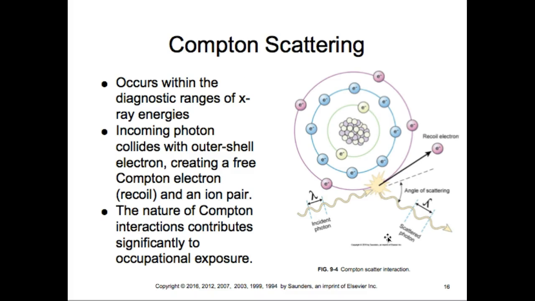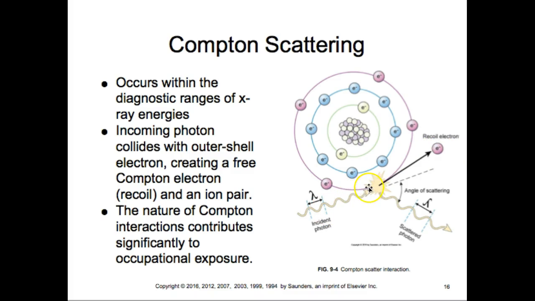All right, so Compton. Compton scattering occurs within diagnostic ranges, where the incoming photon collides with an outer shell electron. Photoelectric is inner shell, but Compton is outer shell, creating a free Compton electron, which we call recoil, and an ion pair. So here it comes in, here's your incident, here's your wavelength. It hits an outer shell electron, knocks it out, and that's called a recoil electron.